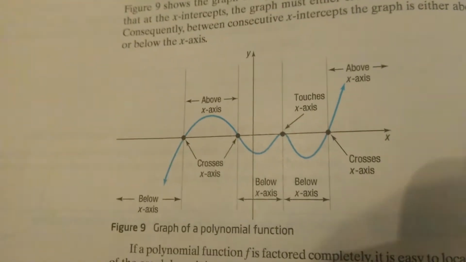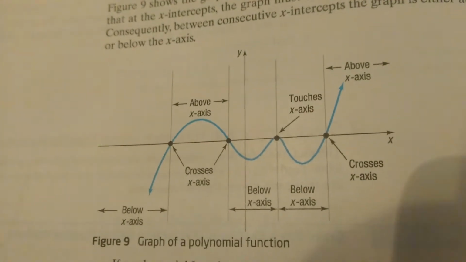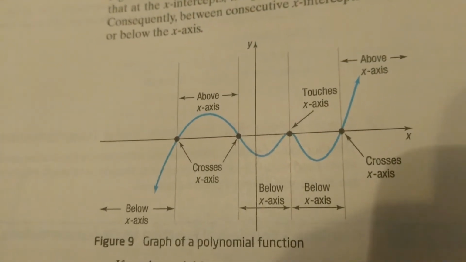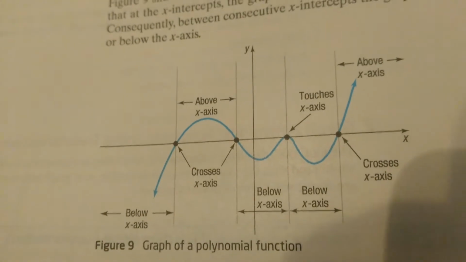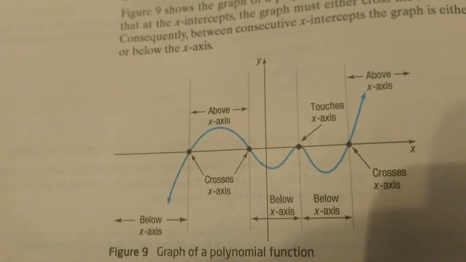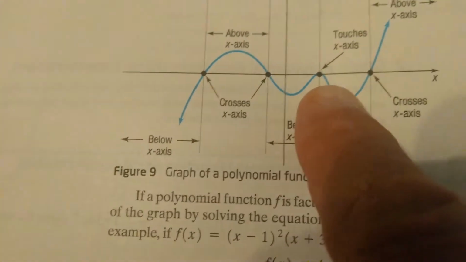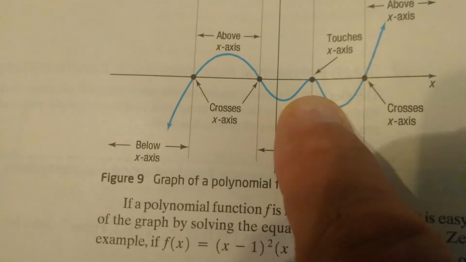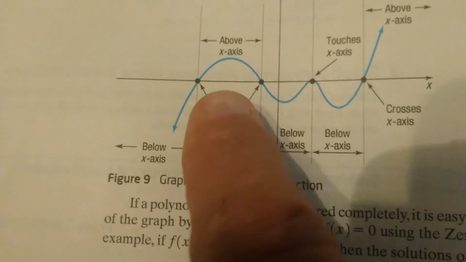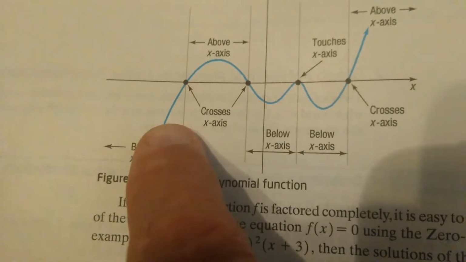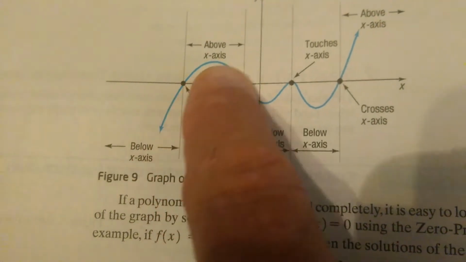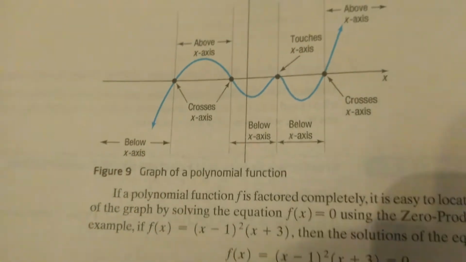Multiplicity is a concept where we look at the degrees of a particular factor. If the degree is even, the graph is going to go up, just touch the x-axis, turn around and come the other way. If the degree is odd, it's going to go through the 0 and pass through to the other side.